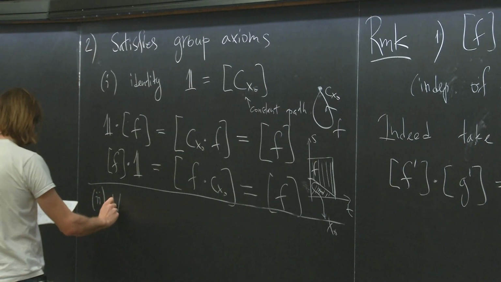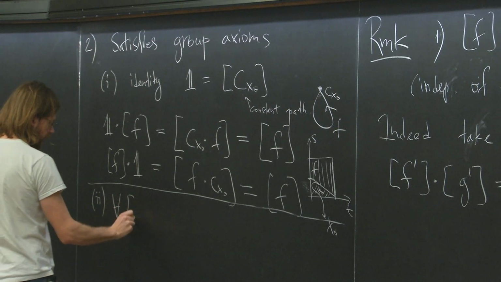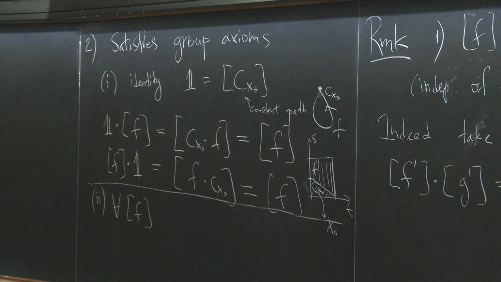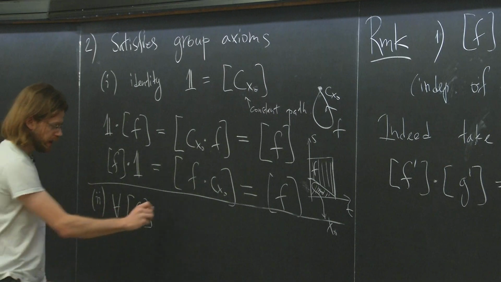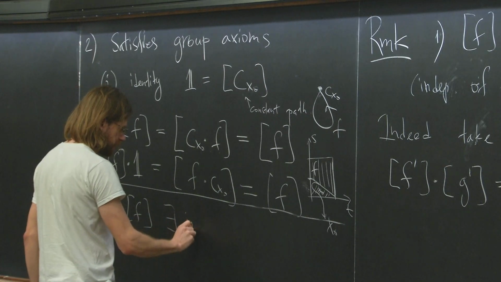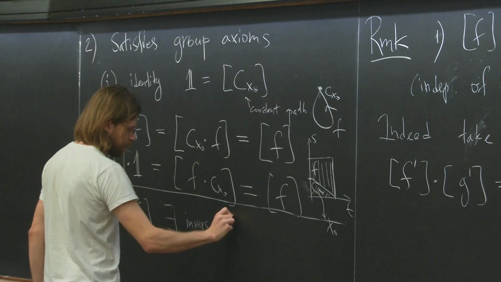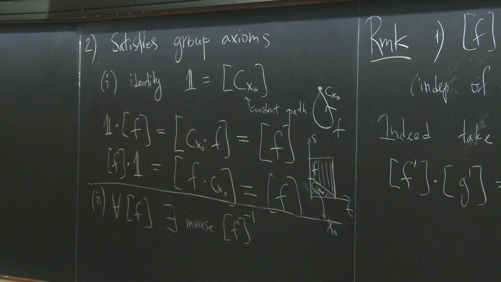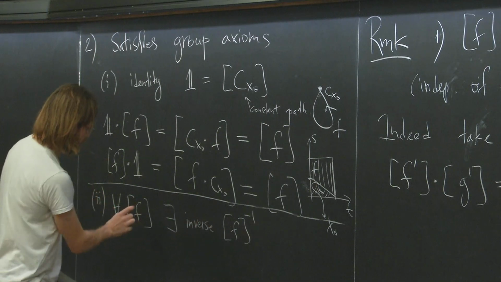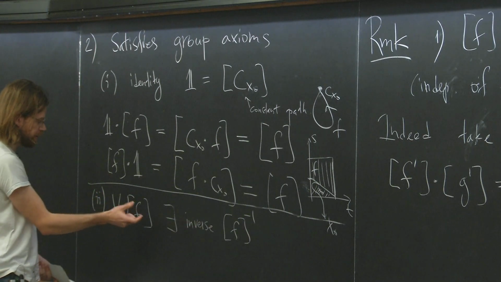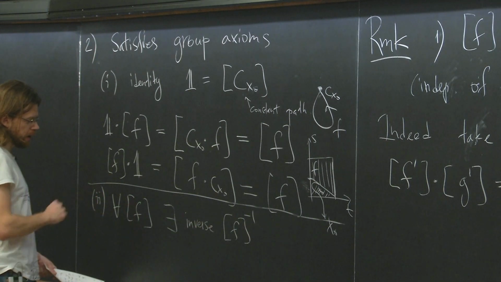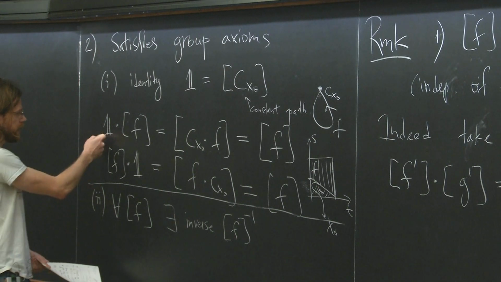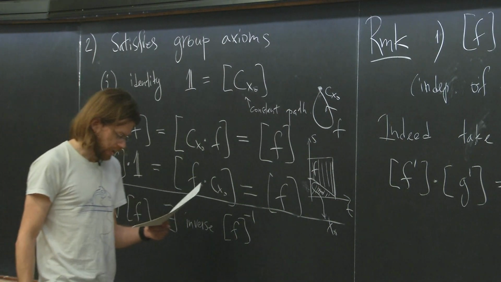And the second axiom is the existence of the inverse. So for any element of my group, which is represented again by some path f, we have to show that there exists an inverse, so that if we multiply by this inverse from either left or right, we should get identity.